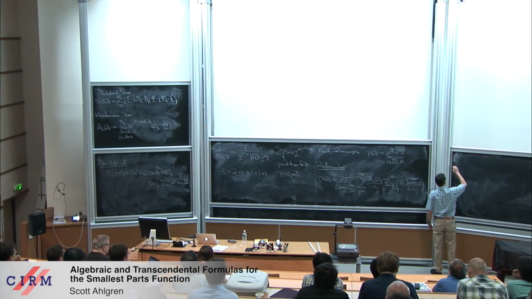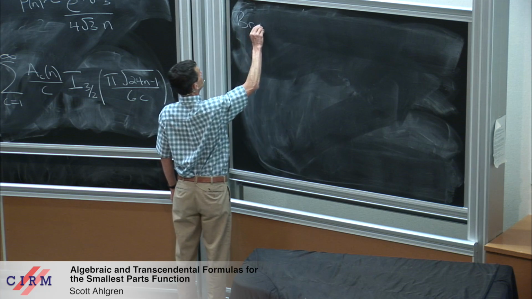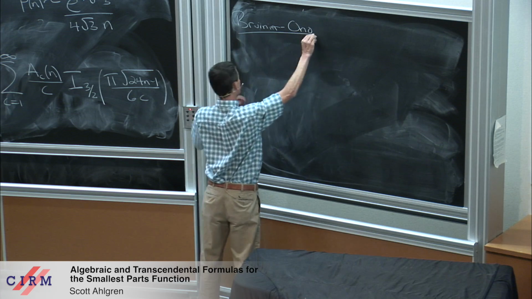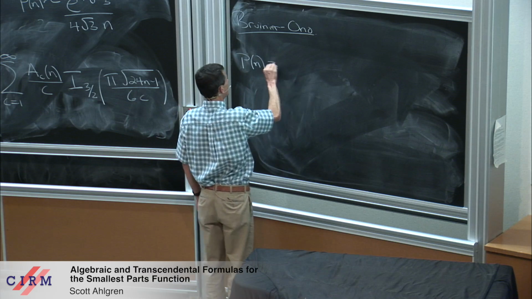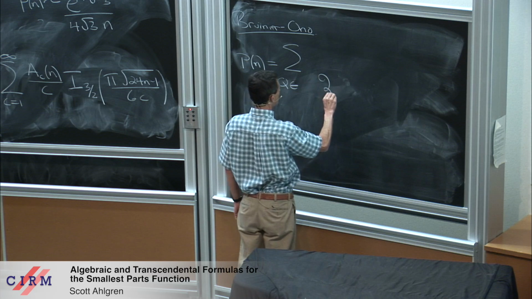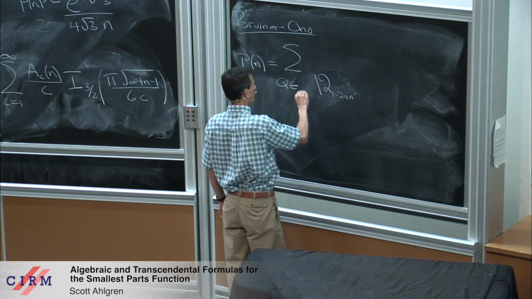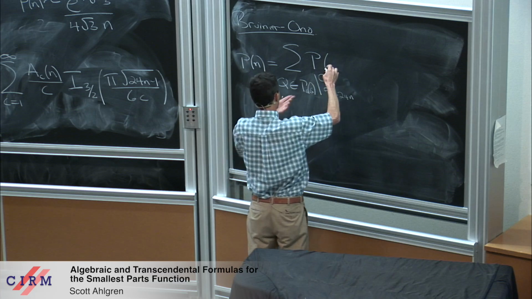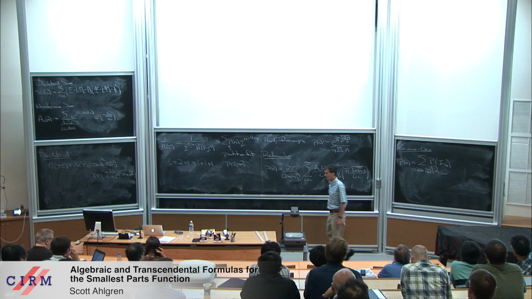There's also, recently, a beautiful algebraic formula due to Bruinier and Ono. They proved the following; again, I'll define these things in a minute. P of n is given as a sum over certain quadratic forms, over equivalence classes of quadratic forms under the action of a congruence subgroup, of some function evaluated at a point in the upper half plane.